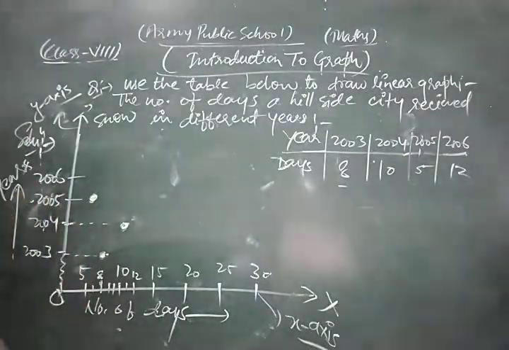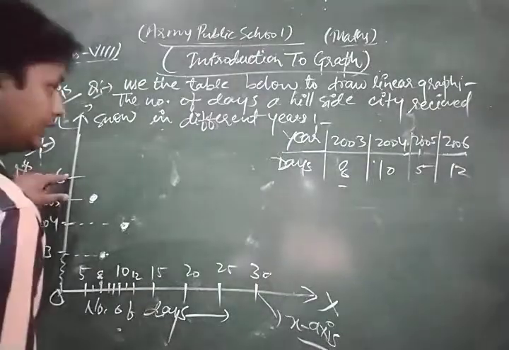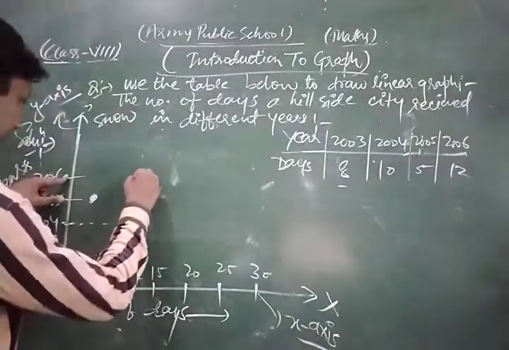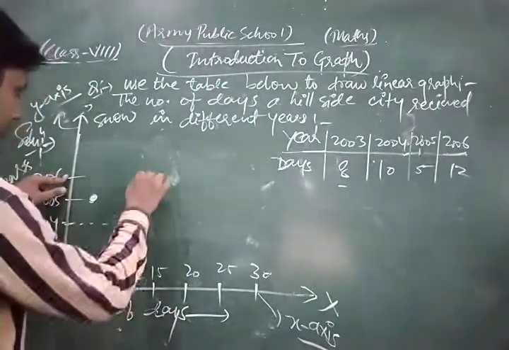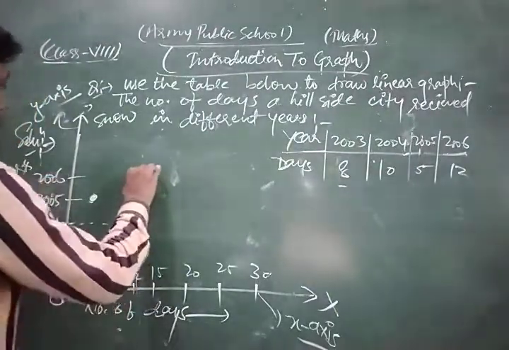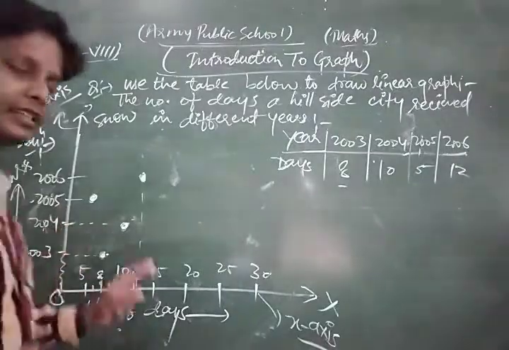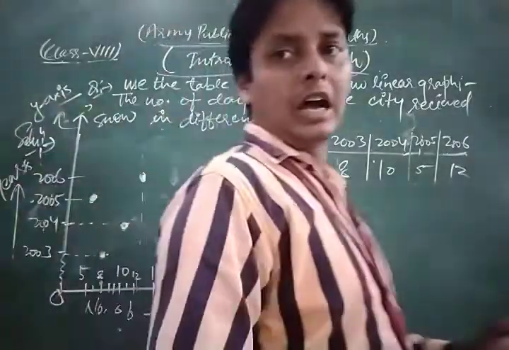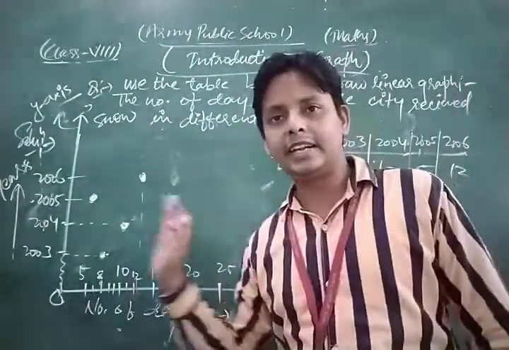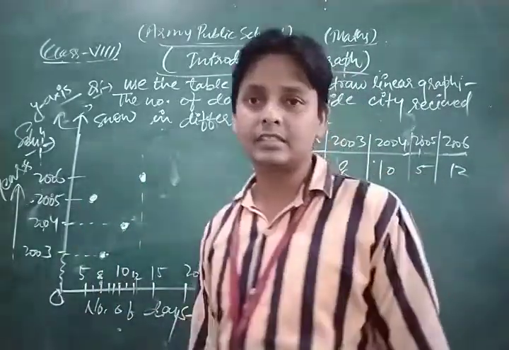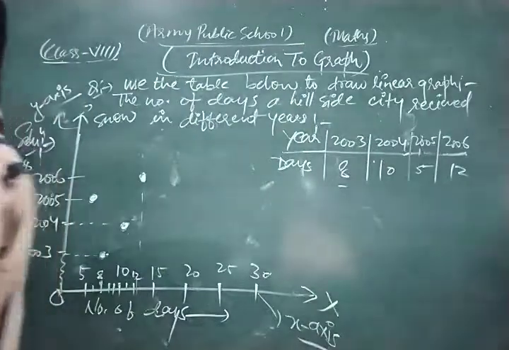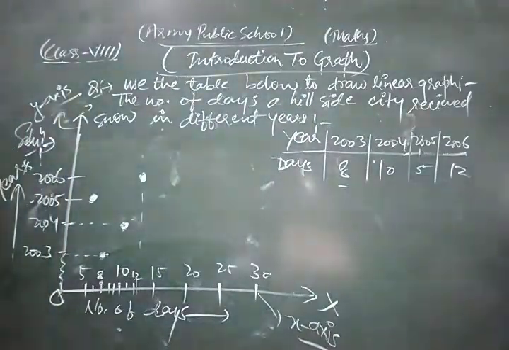Now in 2006 there are 12 days, so this is 12. In this way we plot all these days against their corresponding years to represent the number of days of snowfall.